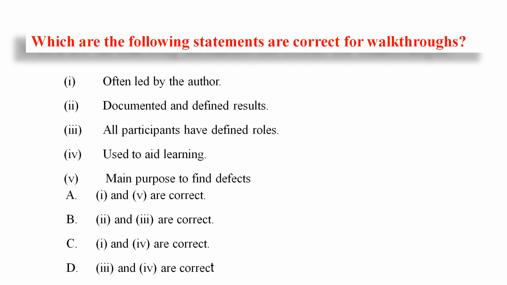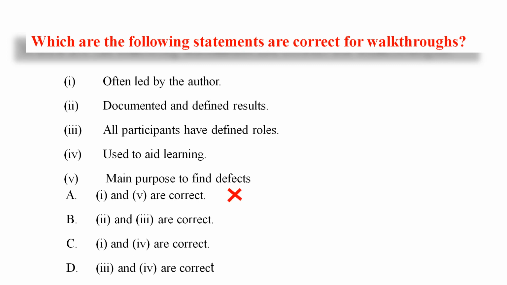Now look at these options. Option A, 1 and 5 are correct. That is, often led by the author, and the fifth one, the main purpose is to find defects. B, 2 and 3. C, 1 and 4. D, 3 and 4. So guess the correct option.